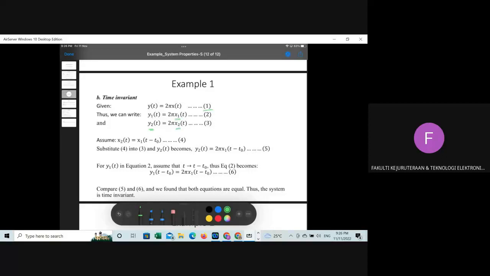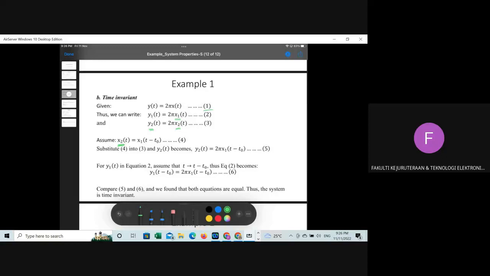Because time invariance deals with time delay, if you have x2(t), that is the assumption that we made: x2(t) is x1(t minus t naught). So the signal x1 is delayed by t naught units.